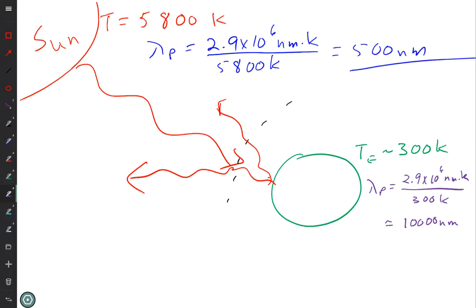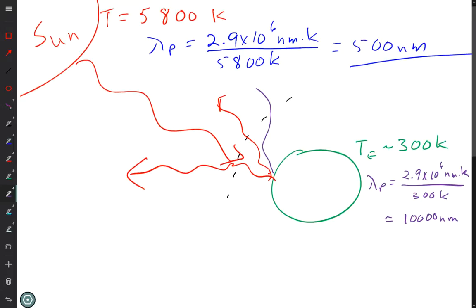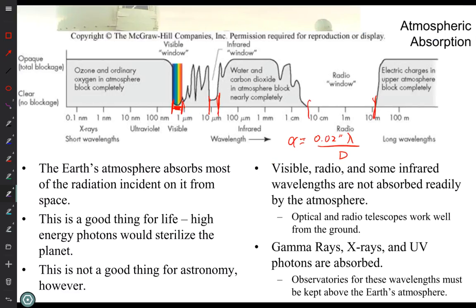Okay, so this radiation that's coming off has a much longer wavelength. And here's the key thing. That longer wavelength, if you look in the picture, we're radiating in about that range. And in that range, our atmosphere absorbs the radiation. And then that radiation that's absorbed is heating up the atmosphere, and it's keeping that energy in the Earth instead of letting it escape.